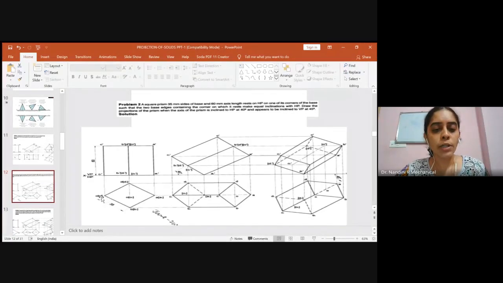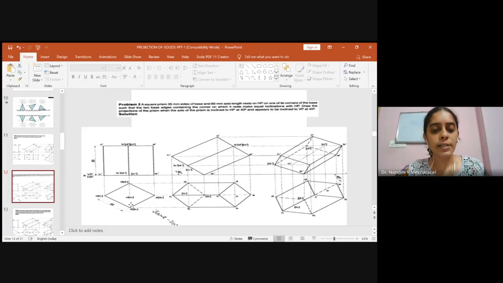Now the locus of C1 is meeting C1 dash at this point, so you will name this as C1. This is over. Now come here. D1 is for the bottom surface. The locus of D1 is meeting D1 dash at this point, so name this as D1.